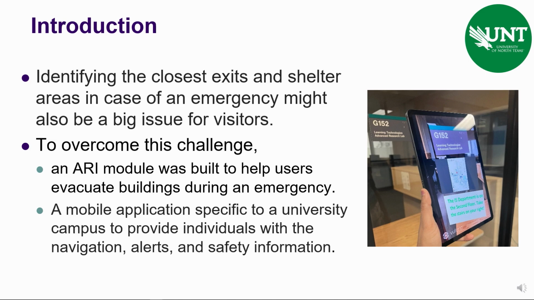There could be multiple exits and multiple paths. Depending upon where the emergency is and where the user is, you can give user-specific directions or a path towards the exit. We have created these ARI modules, which we call augmented reality instructional modules, to help users evacuate the building in case of emergency. Of course, it could also be used for navigation, for alerts, and for safety information.